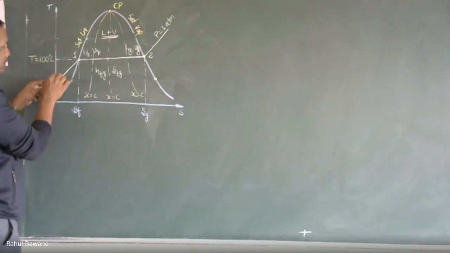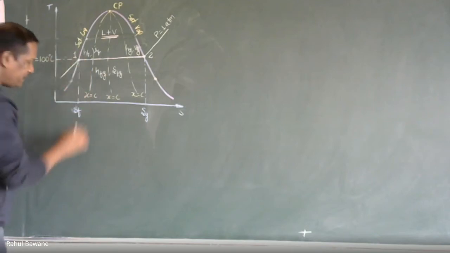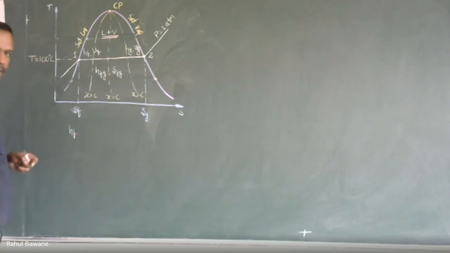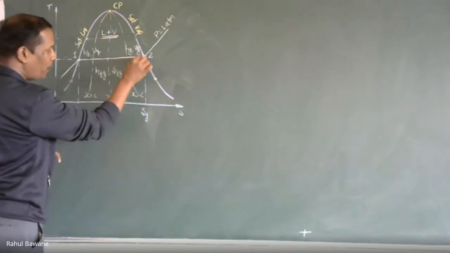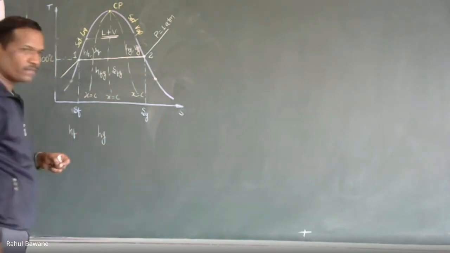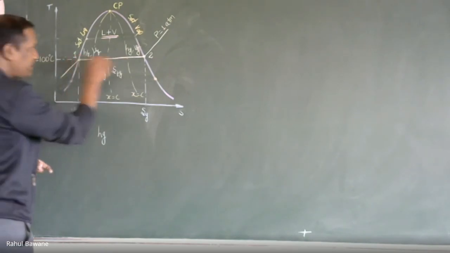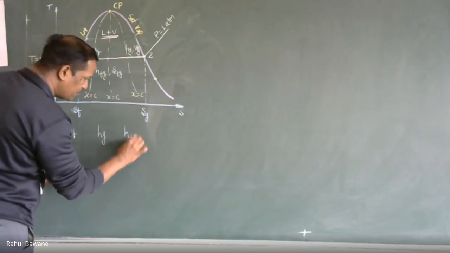When our substance reaches state 1, its enthalpy will be Hf. When I continue to supply heat and our substance reaches point 2, the enthalpy will be Hg. When it is in between 1 and 2, it is written as Hfg.